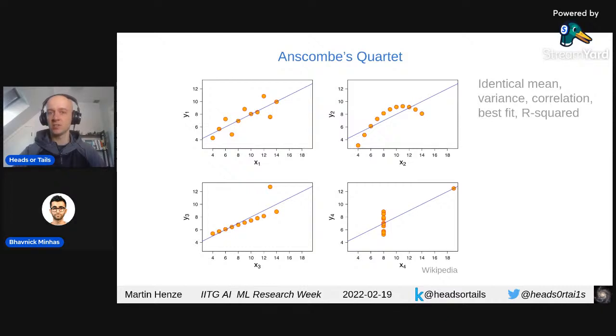You can just extract some overall statistical characteristics of a data set, like the mean, for example, the median, the variance, some correlation coefficients, maybe even fit a linear fit to figure out whether it's going up or down. But Anscombe's quartet is designed in a way that all of these four facets that you see here have exactly the same characteristics.